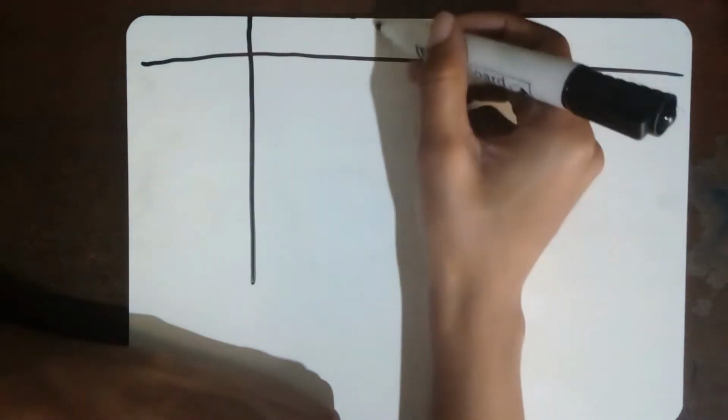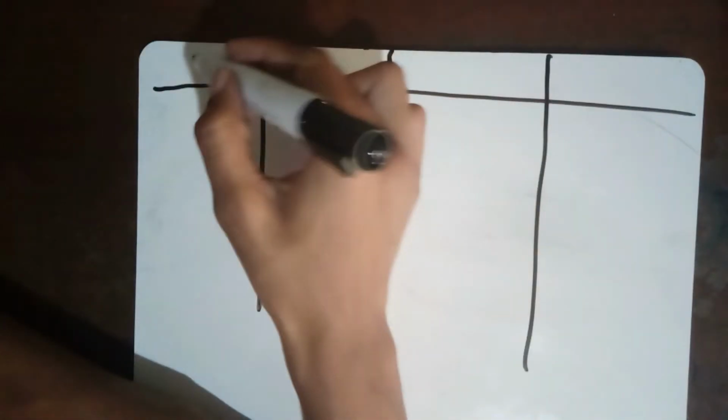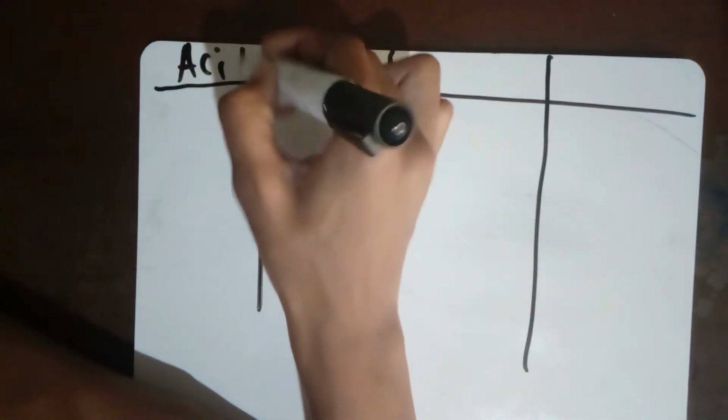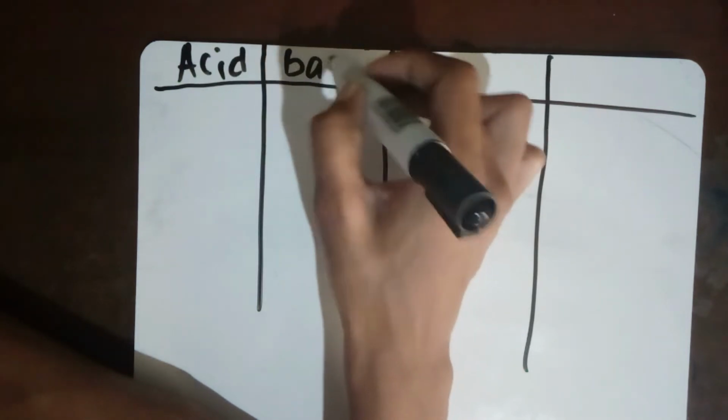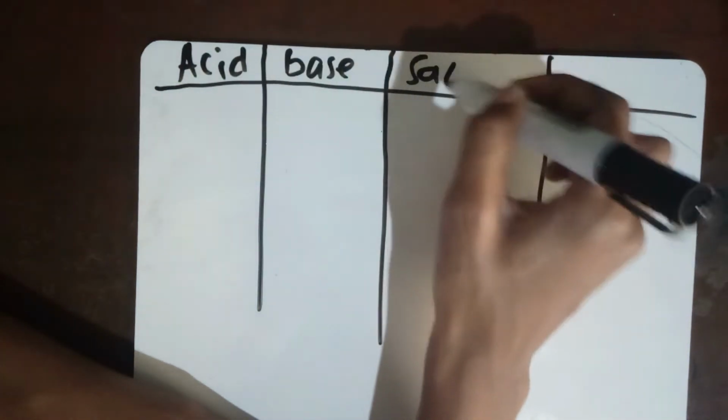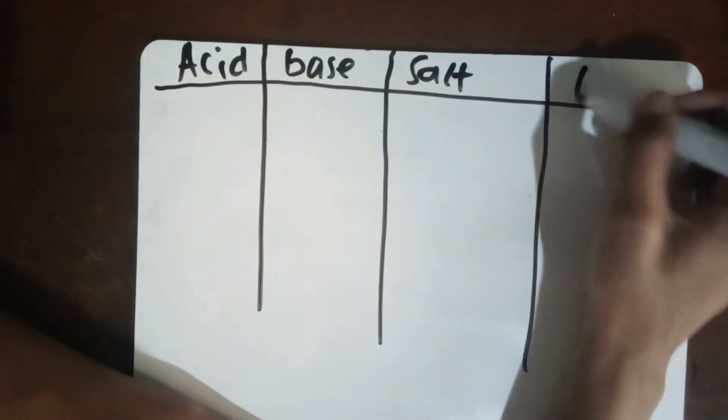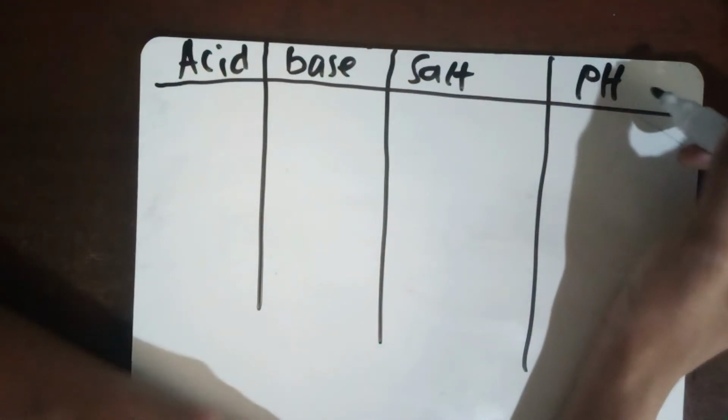So we can have a number of reactions. Let me just draw this quickly. We can have an acid reacting with a base to form a salt, and we can try to approximate the pH of that salt.